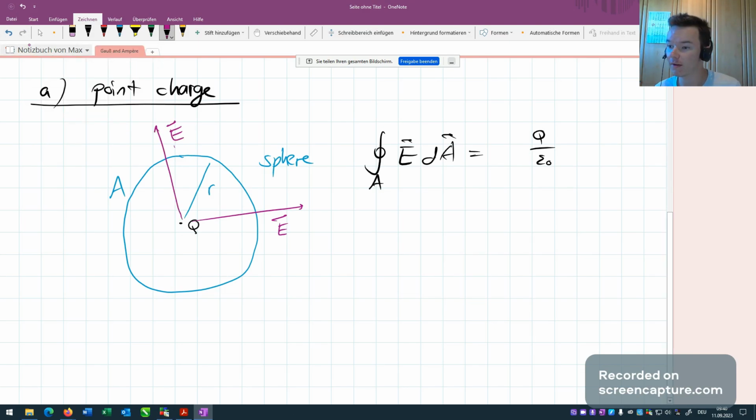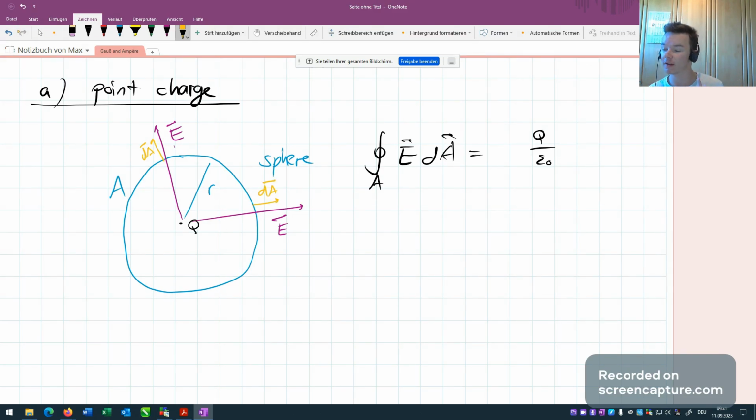And the nice thing now is that the area vectors are always standing orthogonal to the area, which means the area vectors look somehow like that. Orthogonal on the area. There we go. So that might be a dA vector, or that might be a dA vector.